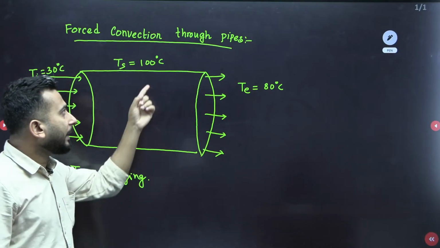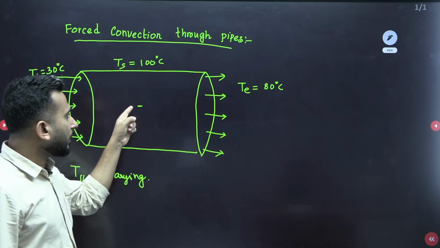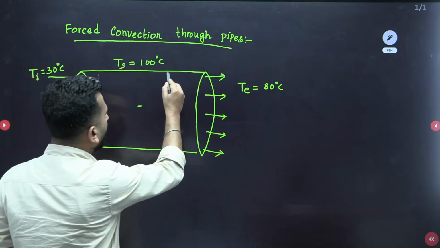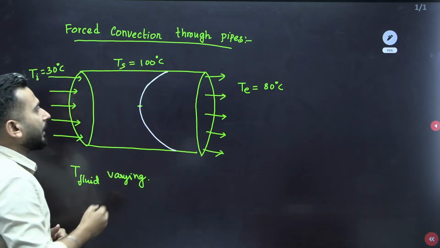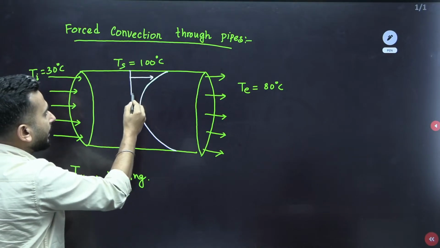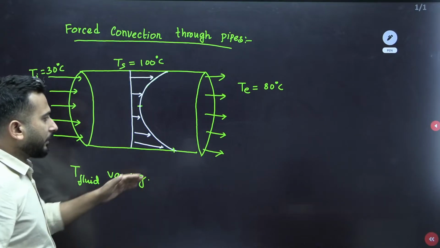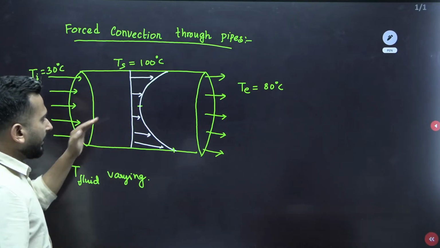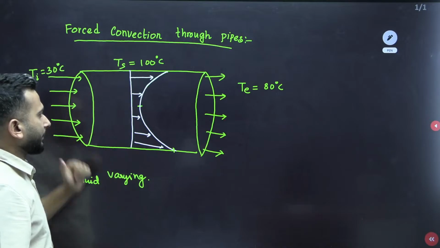Because the particle in direct contact with the surface will have more energy than the particle at the center. Yes, correct. And a profile somewhat like this develops at a particular section: the temperature is maximum at the surface and minimum at the center point. This is the profile that develops, or the boundary layer concept develops over here.